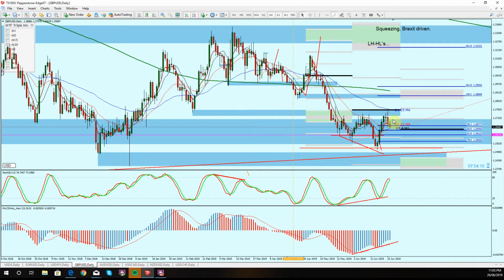That's my limited experience, and you may see here our top of the range at the moment is a monthly central pivot. It's also the 55 daily MA, which we've just come off recently. So a possible scenario here is back down to this level here, which you could consider a left and a right shoulder with a head in the middle.